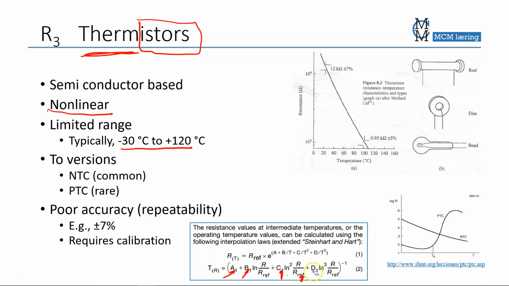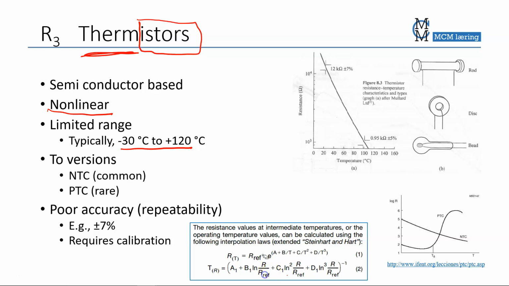So we can find a very accurate and reproducible equation for it, which means that we can, by using a calculator, for example an Arduino, easily calculate the correct temperature if we know the resistance.